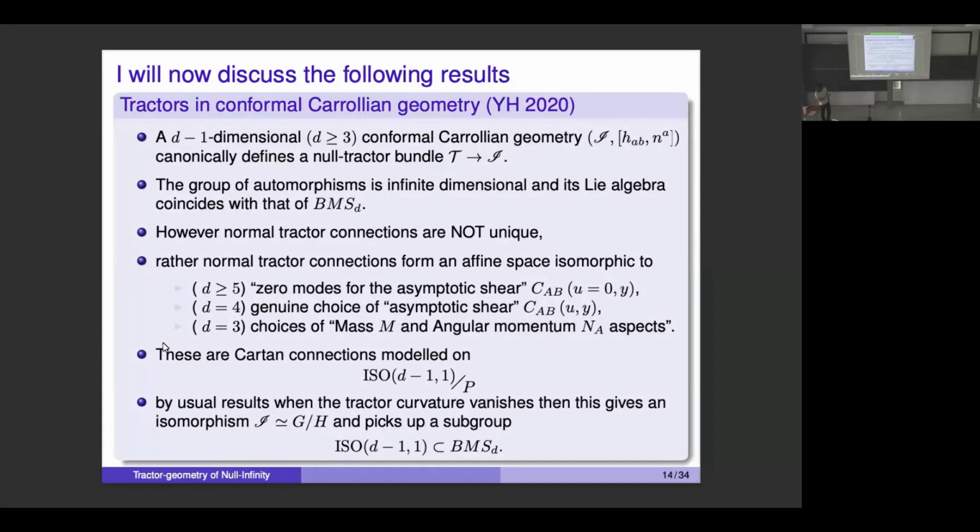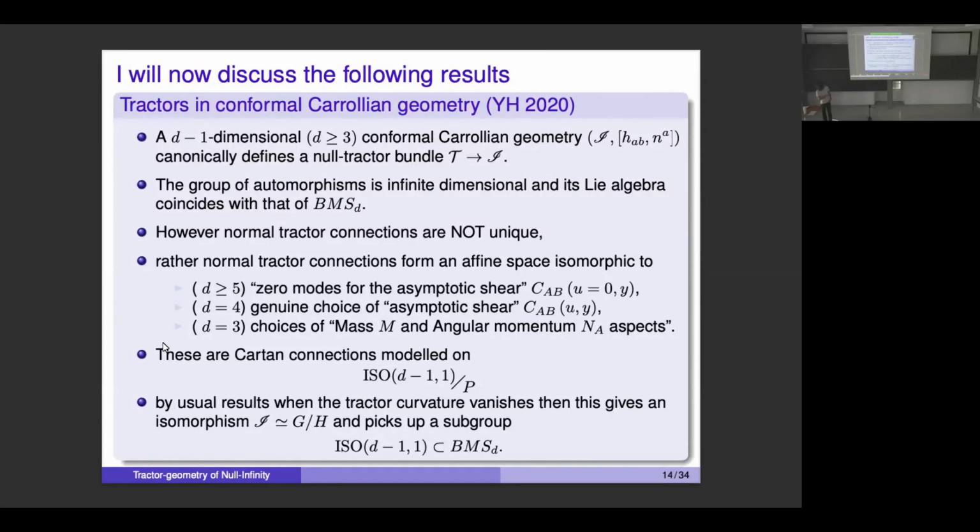However, the fact that you have this infinite-dimensional group of automorphisms means that this tractor connection, again, is not unique. There is a choice of compatible normal tractor connection, and choosing this, it's an affine space on something which crucially depends on the dimension. In dimension bigger or equal to 5, all you have to choose is the zero mode of this asymptotic shear.